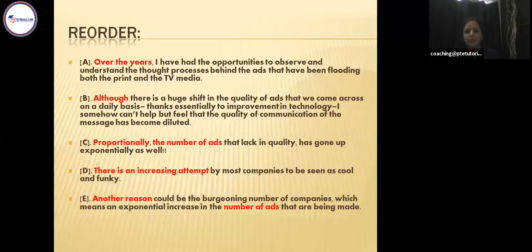After that, they are saying there is a huge shift in the quality of ads. By whom? Companies. Most of the companies want to be seen as cool and funky. That's why the message coming from those ads is being diluted.